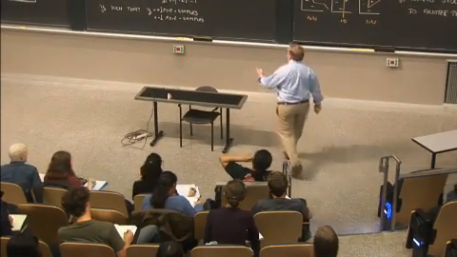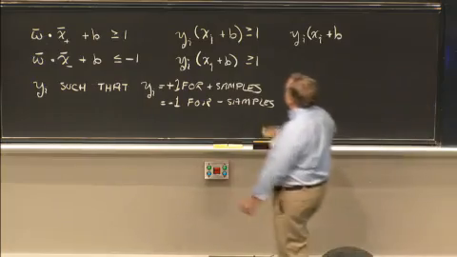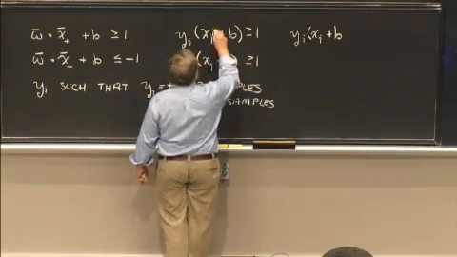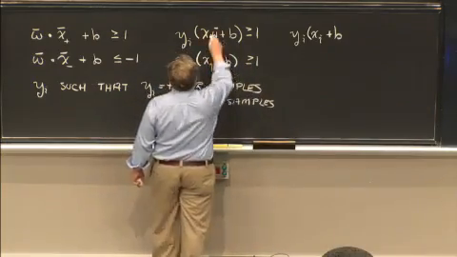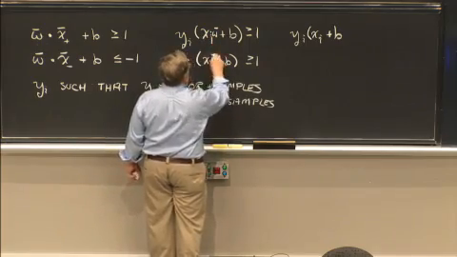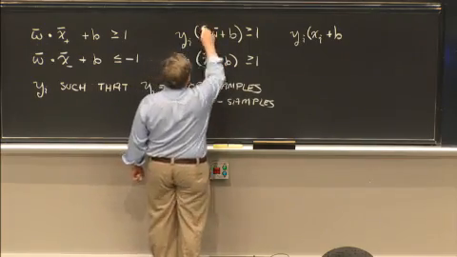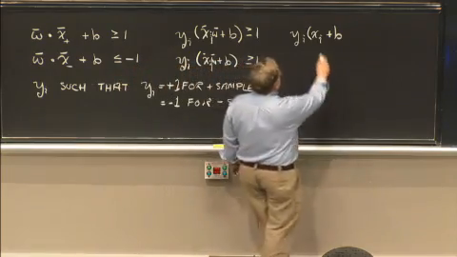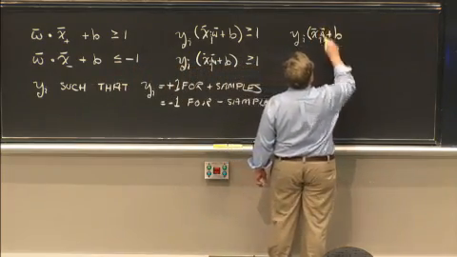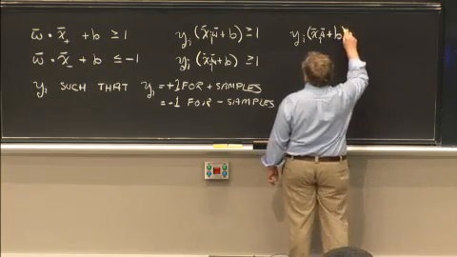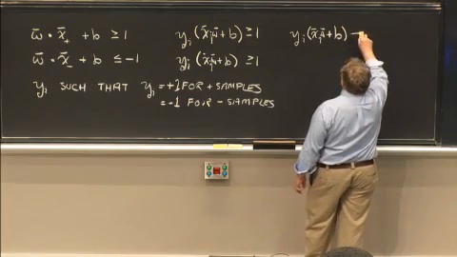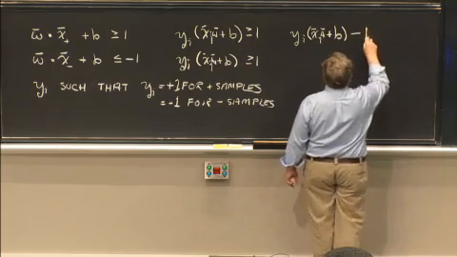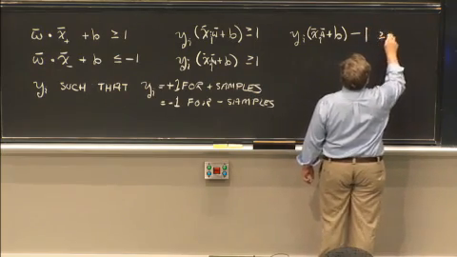Oh, I'm sorry. Thank you. Yeah, I wouldn't have gotten very far with that. So that's dotted with w. Thank you, Brett. Those are all vectors. I'll pretty soon forget to put the little vector marks on there, but you know what I mean. So that's w plus b. And now let me bring that 1 over to the left side, and that's equal to or greater than 0.